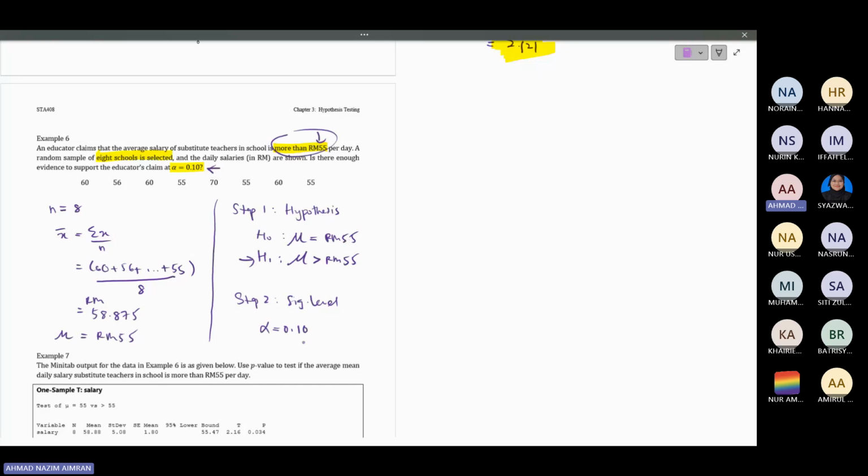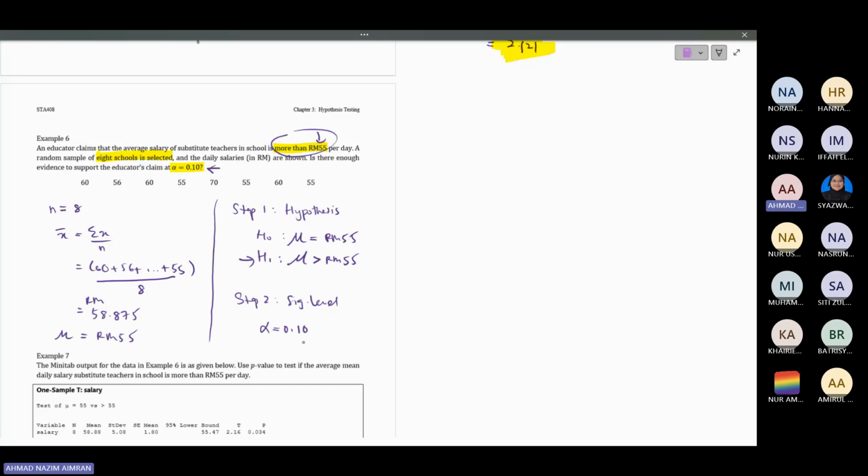But if you notice in this question, example 6, the standard deviation or the variance of the population is not given, and the standard deviation or variance of the sample is also not given. Both of them are not given.